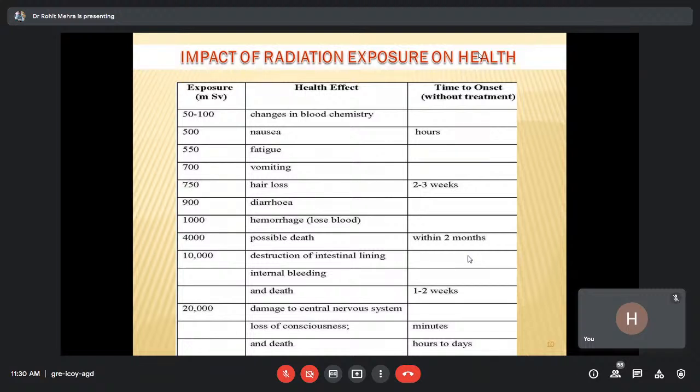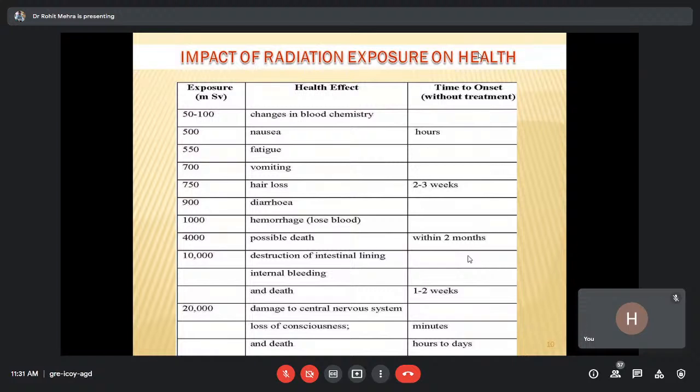and in nuclear accidents, those doses could be received. There were only two famous nuclear accidents known to all mankind. One was Chernobyl in Russia, and another, very recent, was Fukushima in Japan, where due to the tsunami the Fukushima power plant was destroyed.